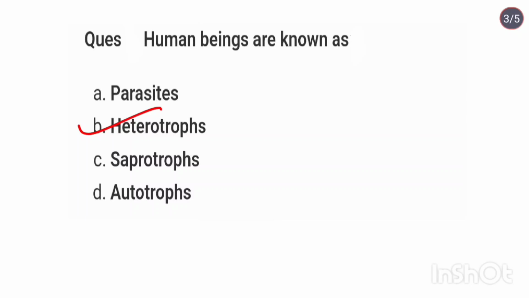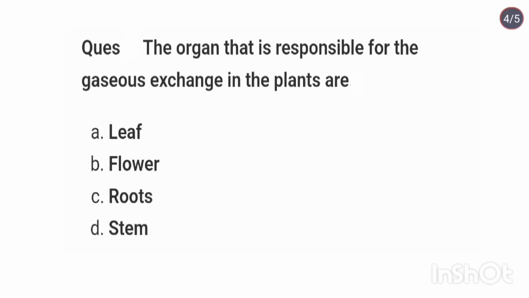fulfill their nutritional requirements. Next question: the organ that is responsible for the gaseous exchange in the plants is? Right answer is option A, leaf. A majority of the gaseous exchange in the plants takes place through leaves as they have a large number of stomata present on them.